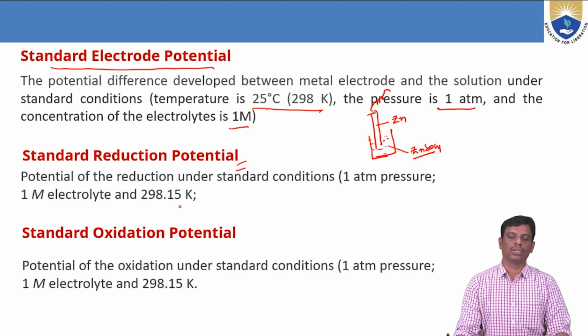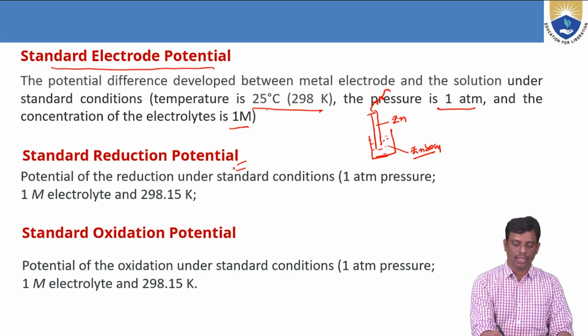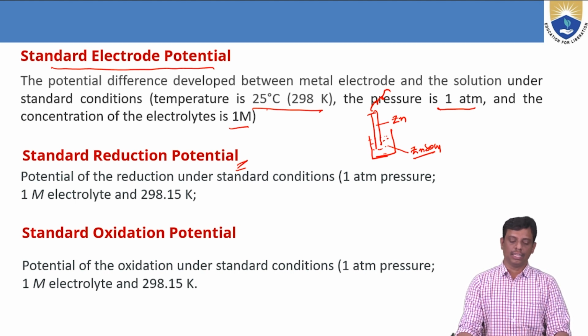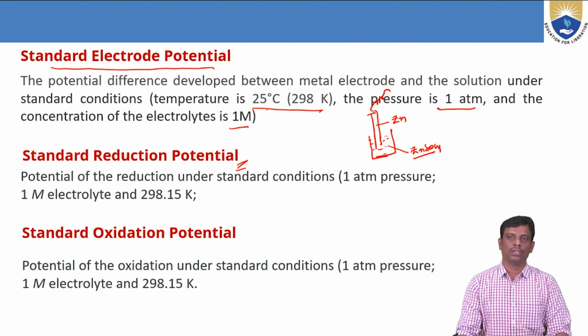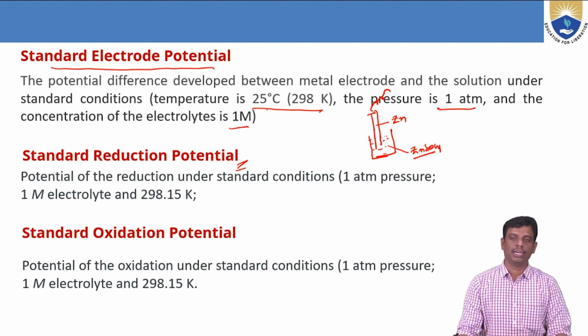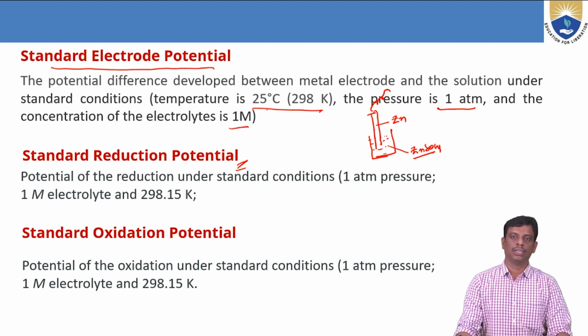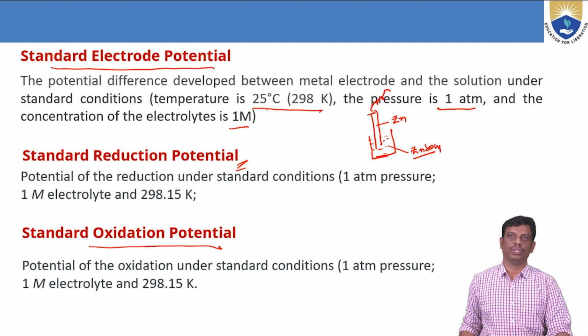The reduction potential is generated at the cathode, and that potential is the standard reduction potential. Similarly, we can say standard oxidation potential: where oxidation takes place at the electrode, the potential generated between the electrolyte solution and the electrode at standard conditions is the standard oxidation potential.